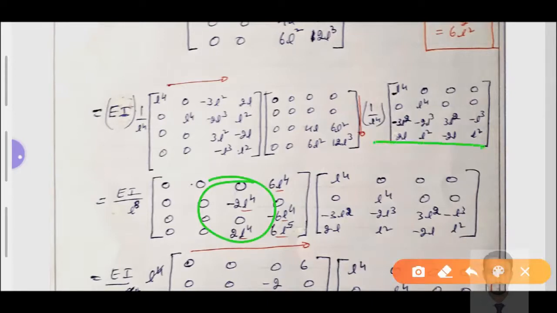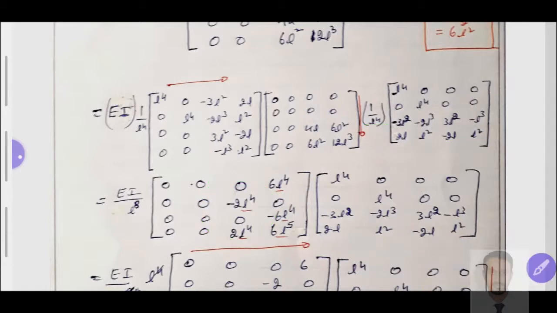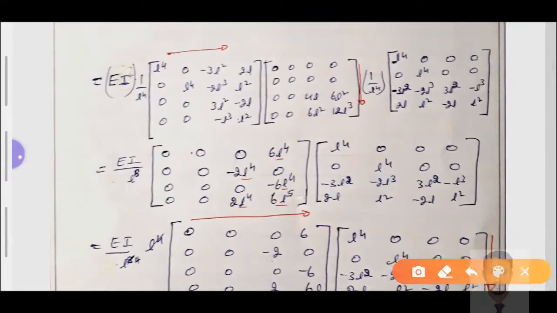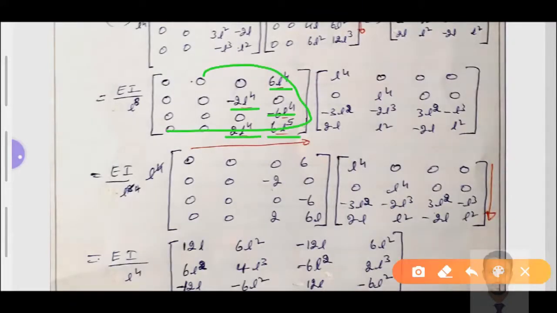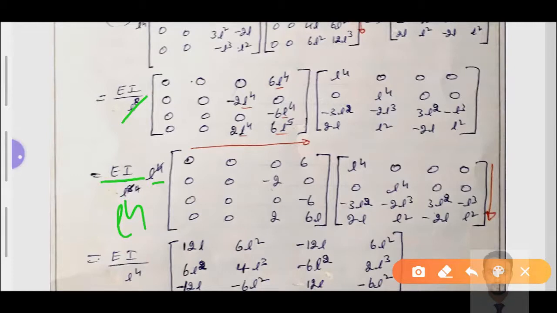Then this value remains the same. This 1 by L power 4 I have taken as common, making 1 by L power 8 multiplying with this value. Now again, I have taken L power 4 common here, and then this L power 8 becomes EI by L power 4. Then this matrix yields 0 0 0.